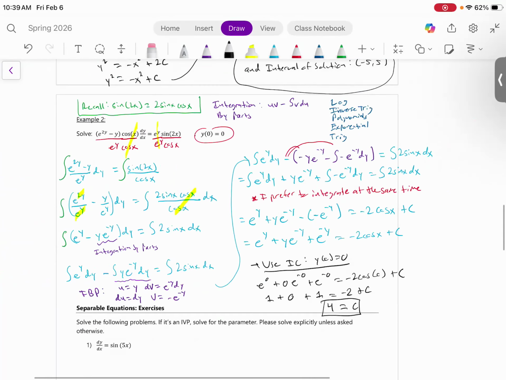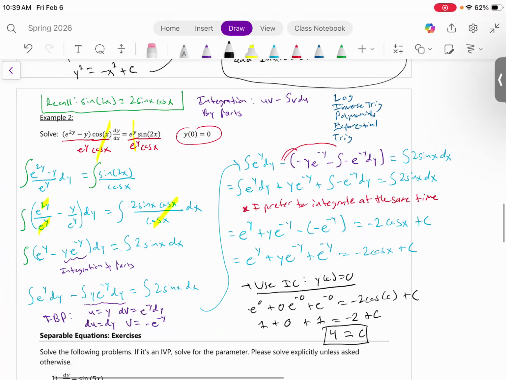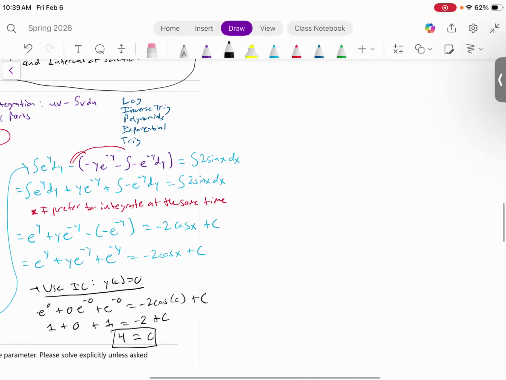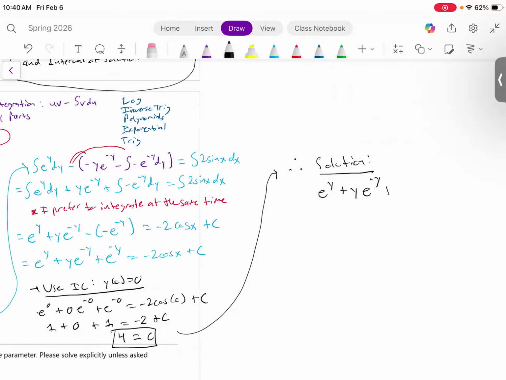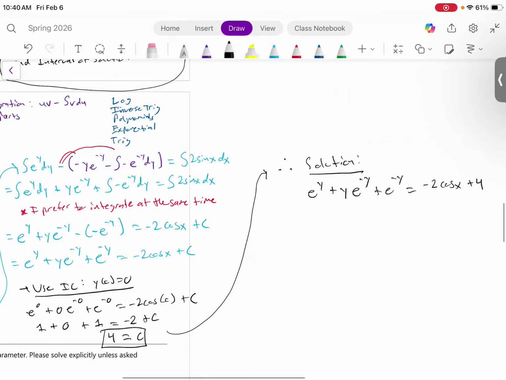Okay, running out of room a bit, but let's go off to the side here. So, therefore, the solution would be e to the y plus y e to the negative y plus e to the negative y equals negative 2 cosine of x plus 4. Okay, we could possibly isolate x.